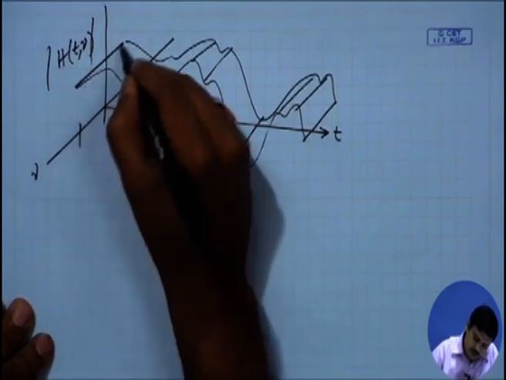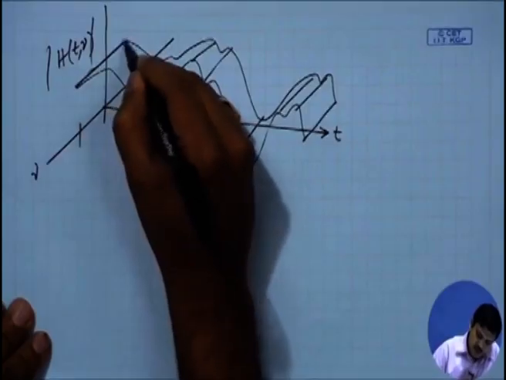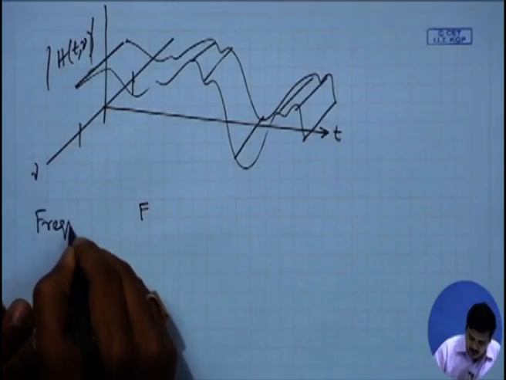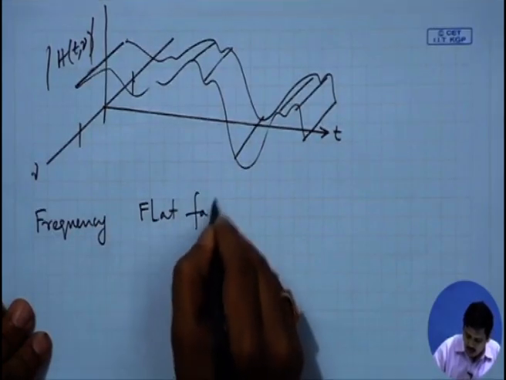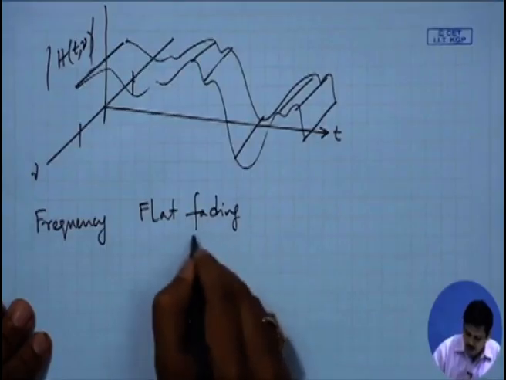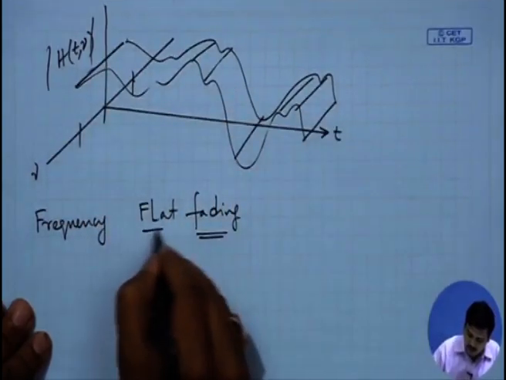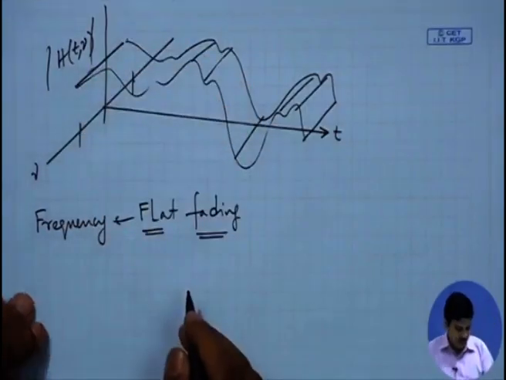Now, since across the bandwidth there is no fluctuation in the amplitude, this is aptly known as frequency flat fading. Why this fading? Because there is time domain fluctuation. Why this flat? Because in the frequency domain there is flat. And why is it flat?